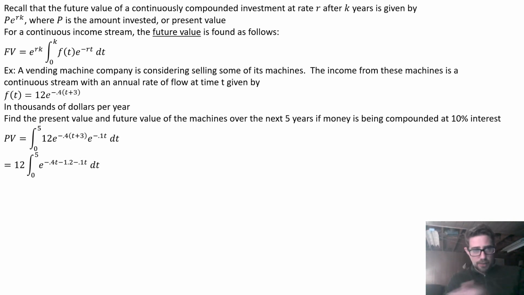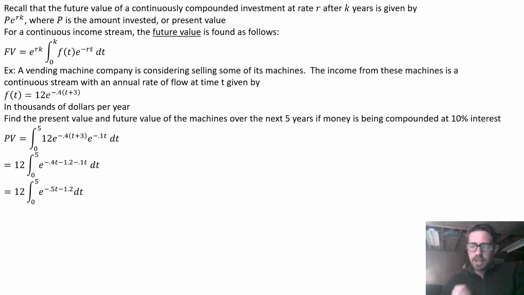Take that 12 to the outside and then combine those exponents by the rules of exponents. I just went ahead and distributed those parentheses. So it's negative 0.4 t minus 0.4 times 3, which is 1.2, minus 0.1 t. That gives you e to the negative 0.5 t minus 1.2.